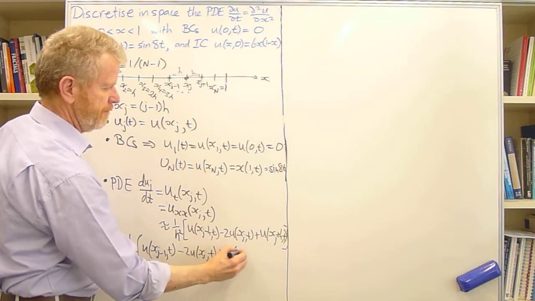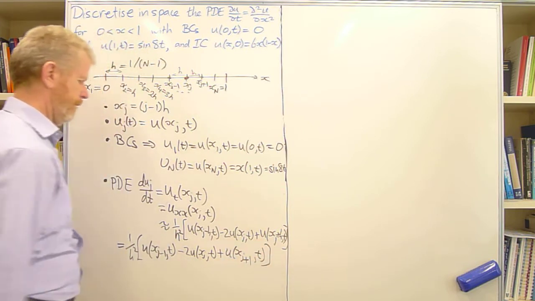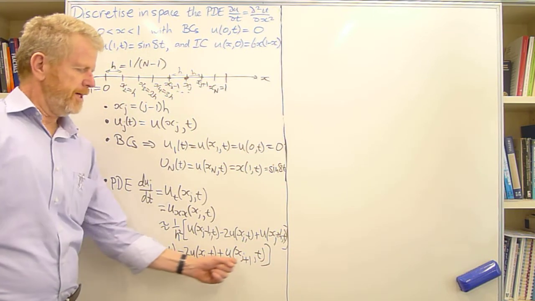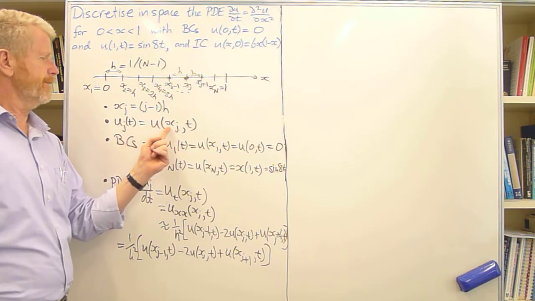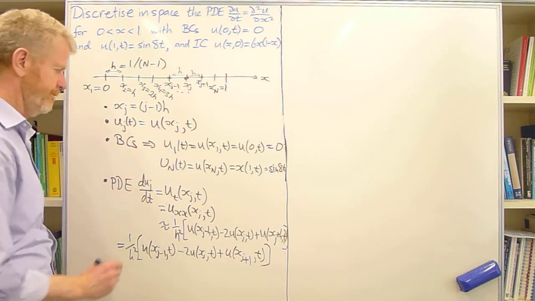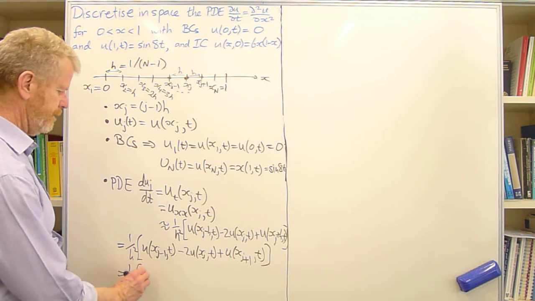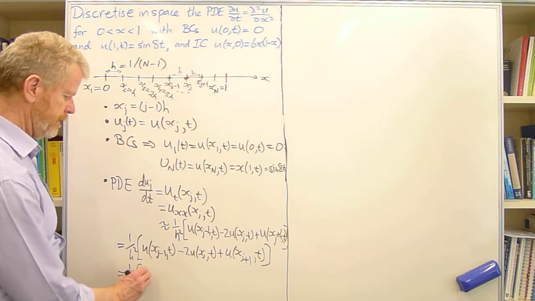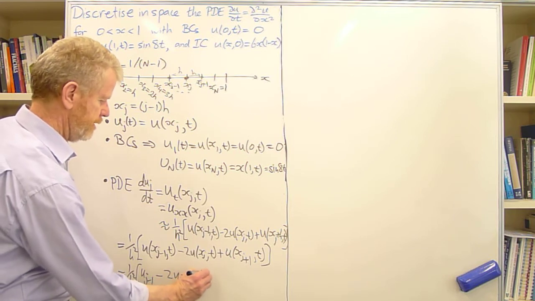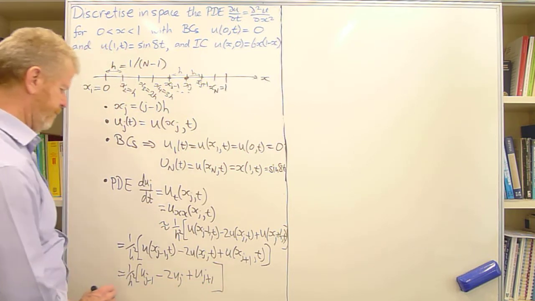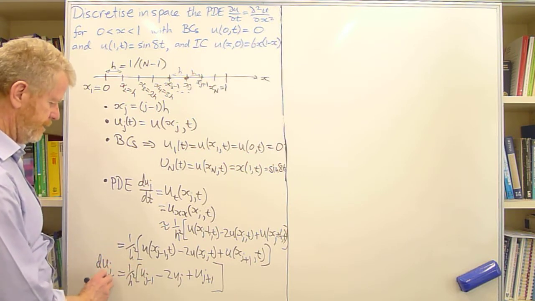So we've got u of (xj+1, t). But now we've got new names for these. The new names are that u evaluated at grid points are uj. So this is 1/h squared into u(j−1) − 2uj + u(j+1), and that is duj/dt.